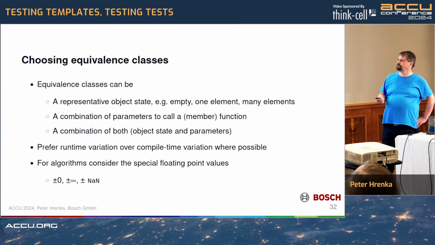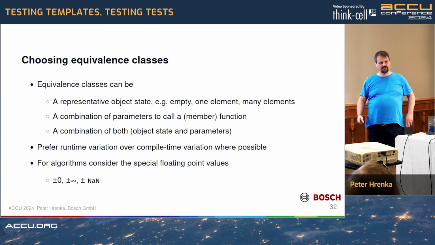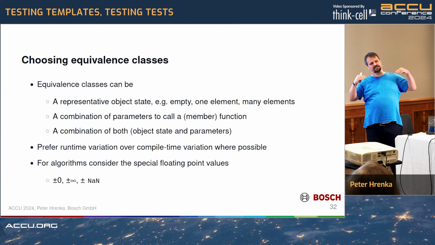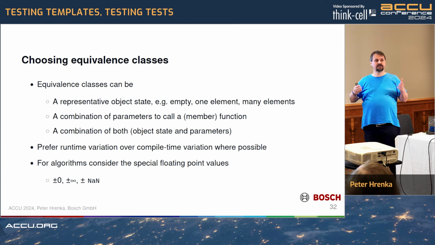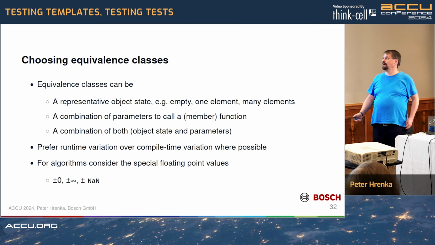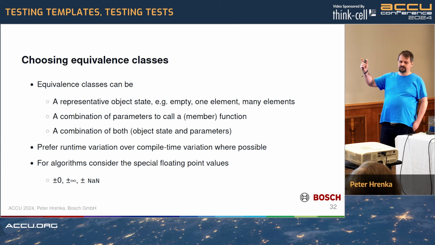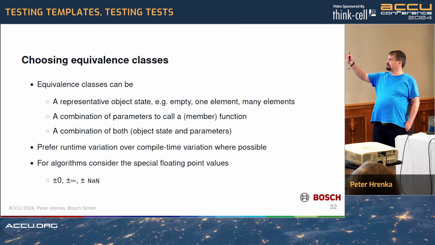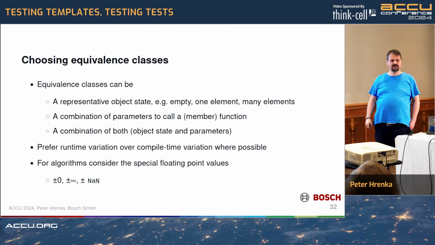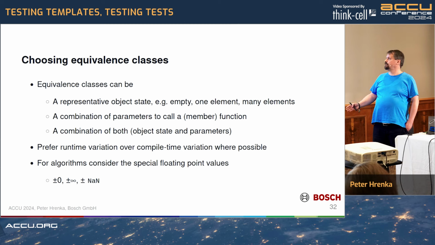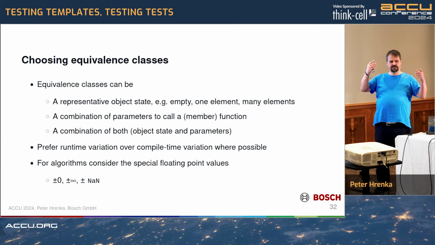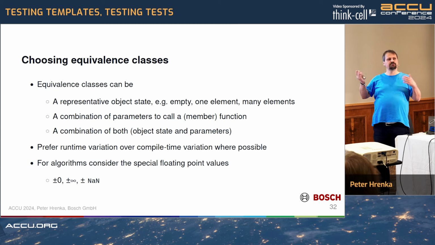Now, next point. We have this structure of equivalence classes, so we have neatly enumerated all the classes that we want to test. How do we choose them? I've shown that for my vector class. We have to decide which are the equivalence classes.